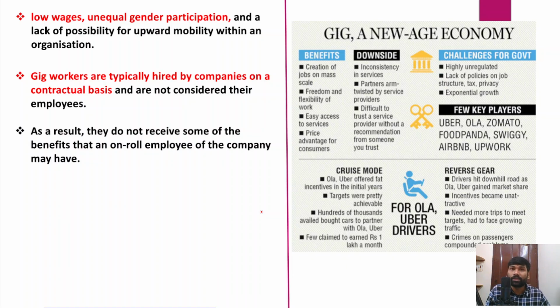They have been getting lower wages for their work, and there is also unequal gender participation in the gig workforce, and a lack of possibility of upward mobility within the gig workforce. Apart from that, we have also discussed that they lack social security, and they will not be provided insurance. And they have also been facing a lot of such issues, right?